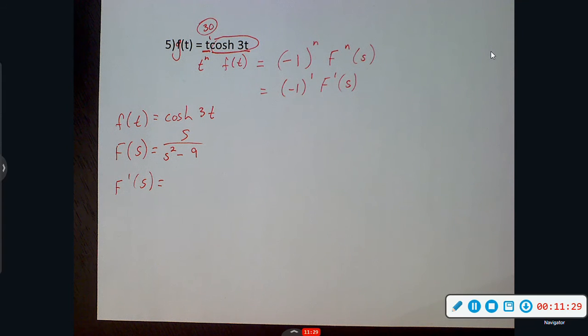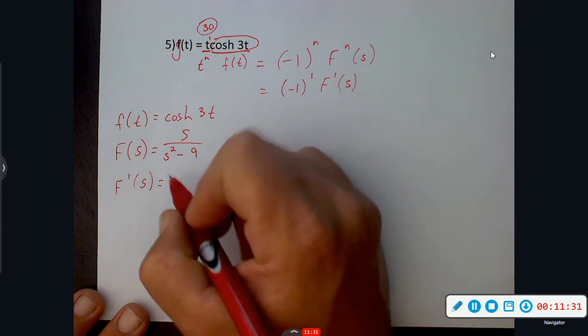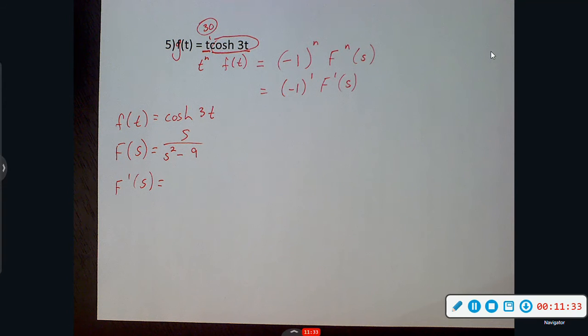So what's the derivative of this? Well, quotient rule. I always was taught a song: low d high minus high d low over low low. Shout out to my brief calculus teacher at Gateway Community College.